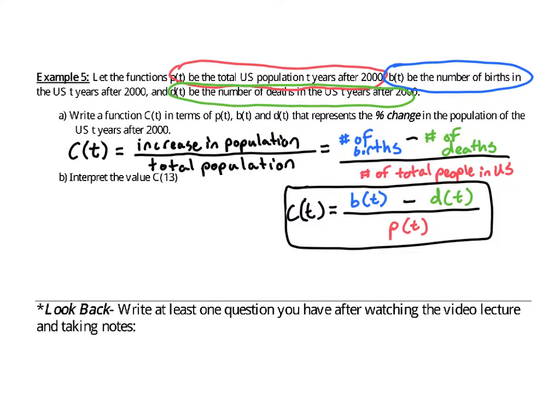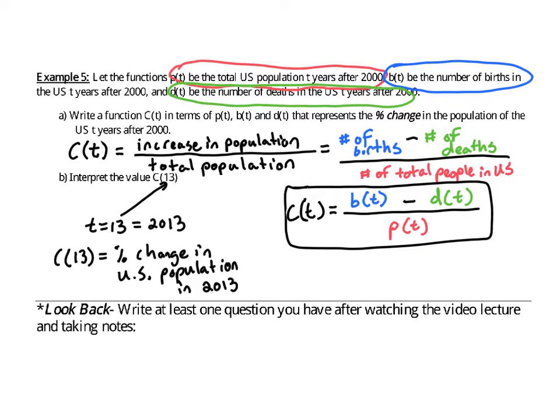Well, if there's going to be an increase in the population, the number of births must be greater than the number of deaths in a given year. So therefore, we will subtract number of deaths from the number of births and get some value, and then divide that by the total number of people in the U.S. Now we will substitute the function notations for those.